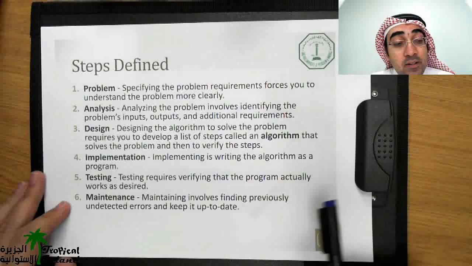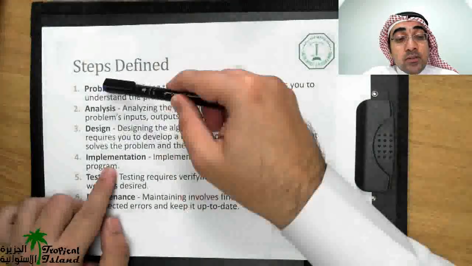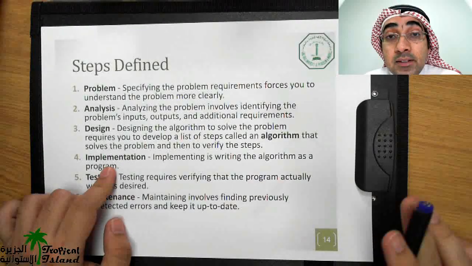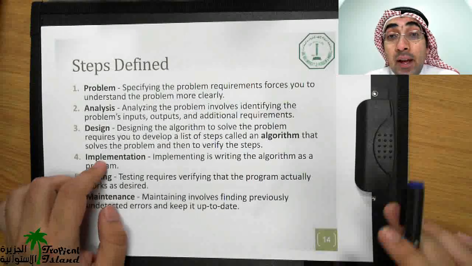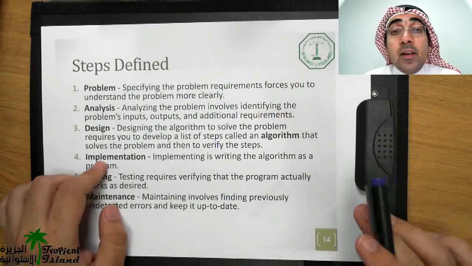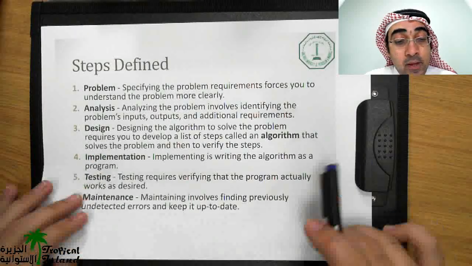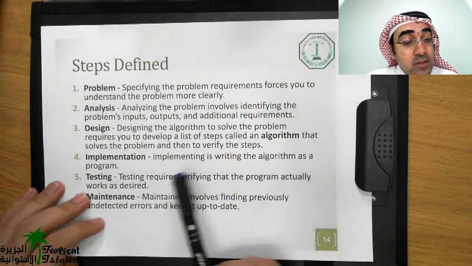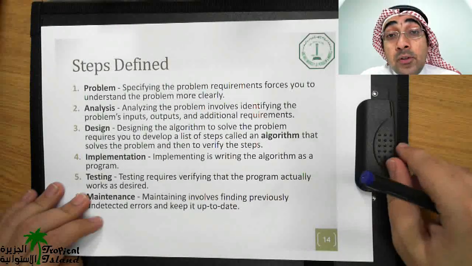The implementation part, here is where you actually come and do coding in C. So all of this, prior to this, you're actually doing something that is not related to C. You have to do the problem, the analysis, and the design for any problem that you have prior to actually starting writing the C code. Okay? So in the implementation, you write the C code, and in the testing, you test it and you give it input that you know the value of the output.